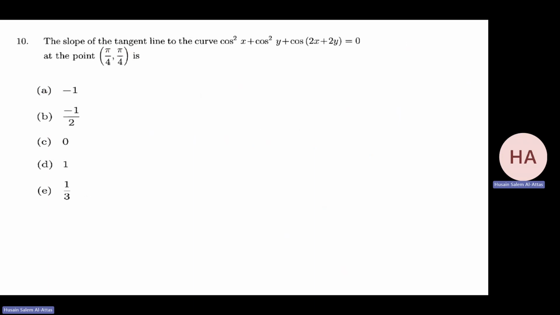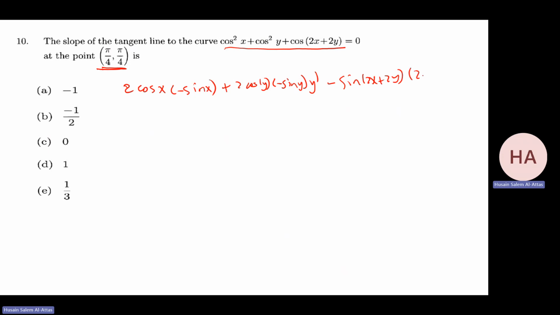The slope of the tangent line to the curve at the point S. We'll do the derivative with respect to x and then substitute at this. So it will be 2 cosine x minus sine x plus 2 cosine y minus sine y prime plus minus sine(2x plus 2y) times (2 plus 2y prime).